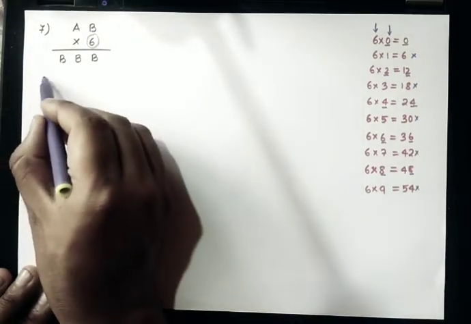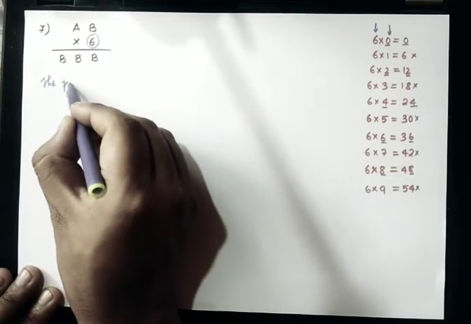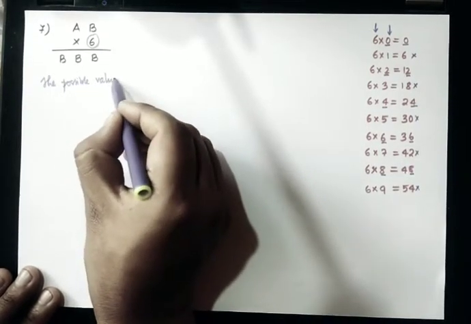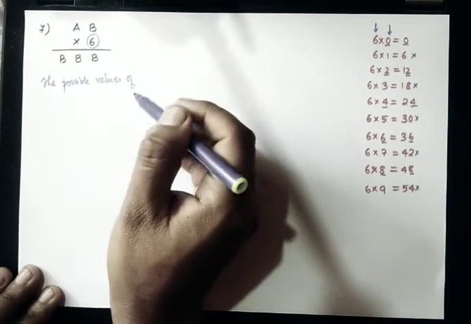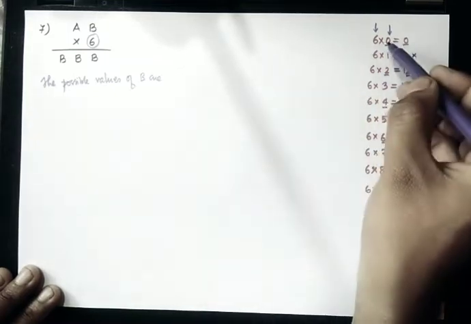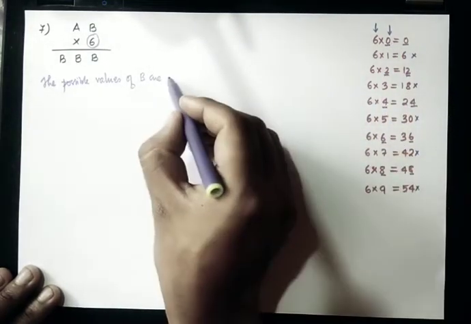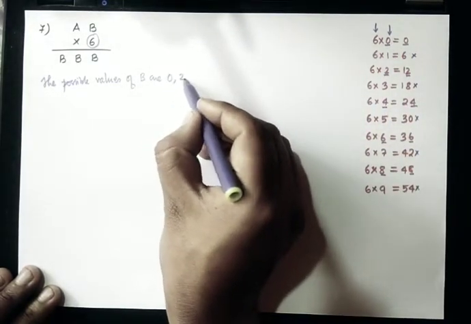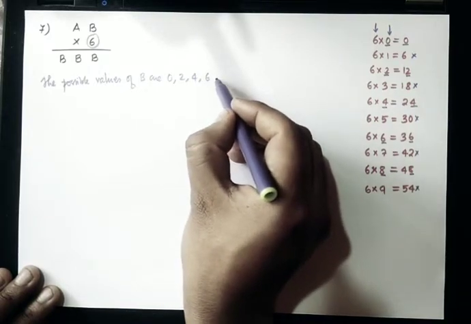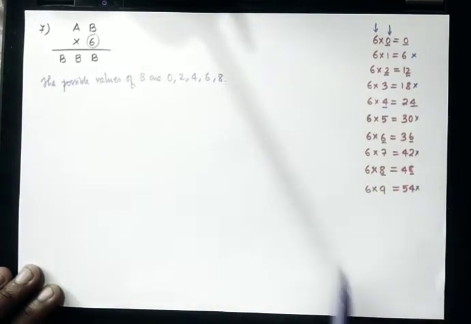The possible values of b are the numbers which are underlined, that is 0, 2, 4, 6, 8. So these are the possible values for b, right?